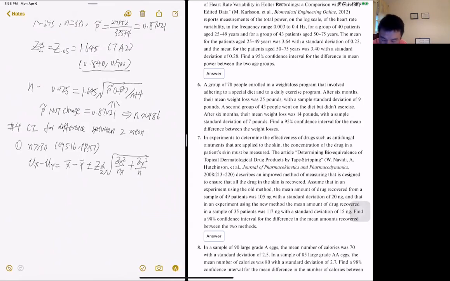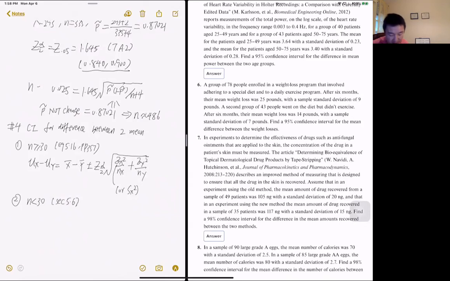But sometimes we do not know the population standard deviation, so we could use the sample standard deviation s instead. Okay, so that's the equation. If the sample size is small, we're going to use another equation, which we're going to discuss in the next question.